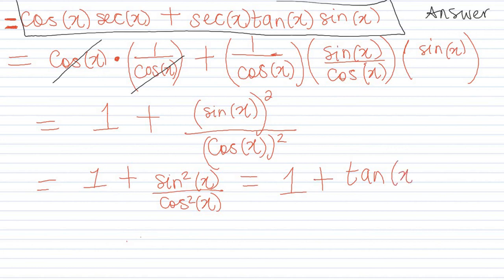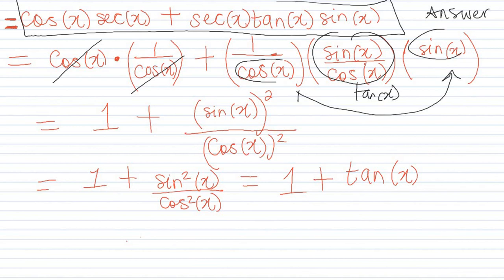Now, since we do that, because we have squared, that means we have two of them. We could even have just done it here, right? This here could have represented tan x by itself, and this one here, sine x over cosine x, could have represented another tan x. The same thing is what we're going to do here.